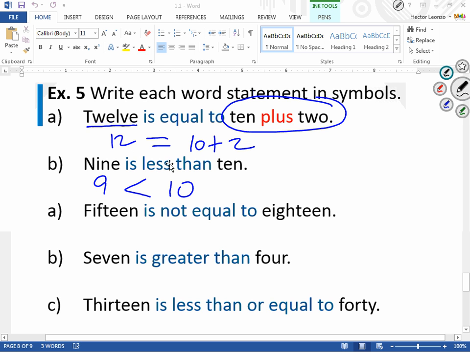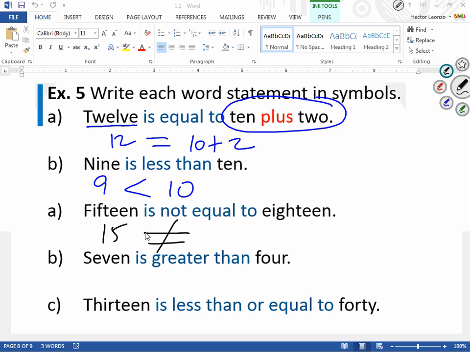If it only said less than, not is, we're going to cover that later on. But remember, inequalities always start with the word is. So now looking at this other example A, 15, I'm just going to write 15, is not equal to, so is not equal to, and then 18.